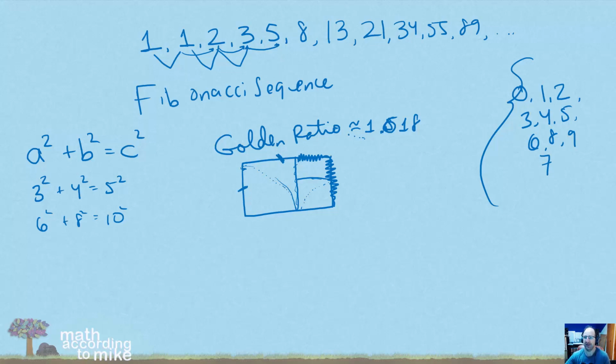Now, how is the golden ratio important? Well, we can talk about a bunch of things. We can go back to nature again. If you think about how a plant grows its leaves, let's suppose we had a leaf on a plant.